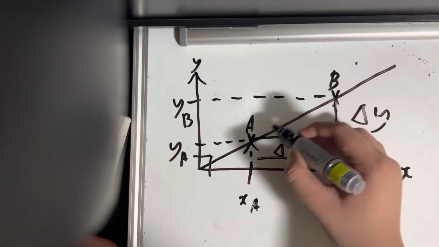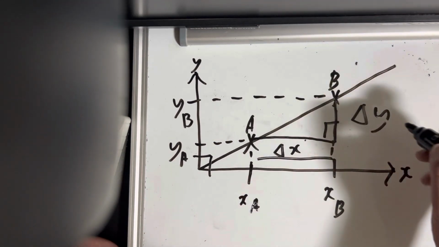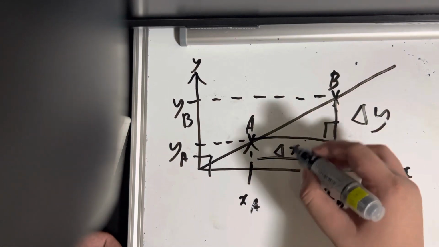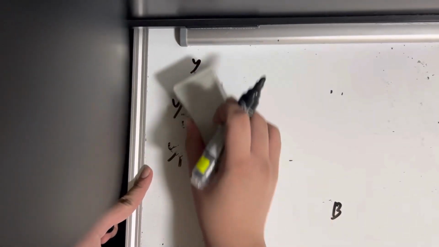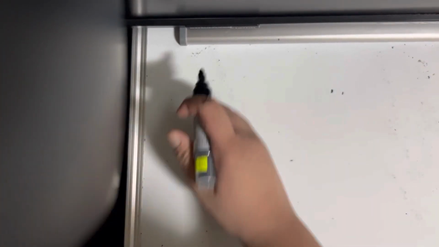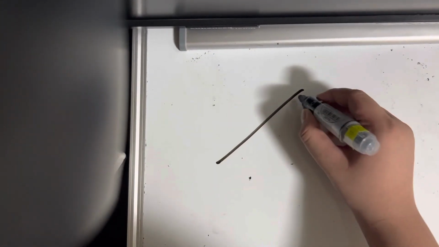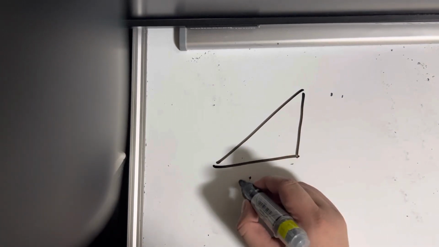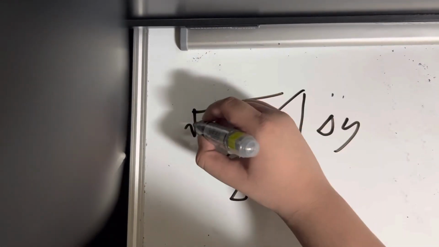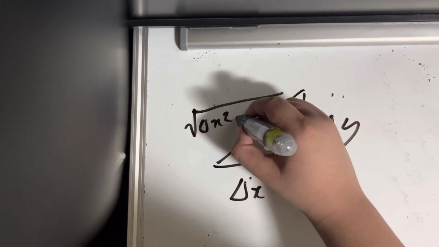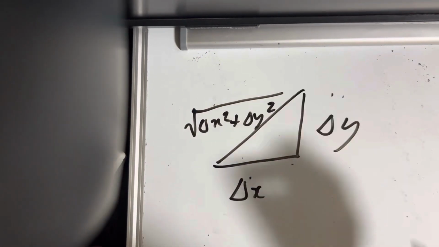That means I can find this length by using the Pythagorean theorem, okay? So this squared plus this squared equals this length squared, okay? So the length we're trying to find, length AB, which is the hypotenuse, is just going to follow the Pythagorean theorem. So it's going to be the square root of delta x squared plus delta y squared, okay?